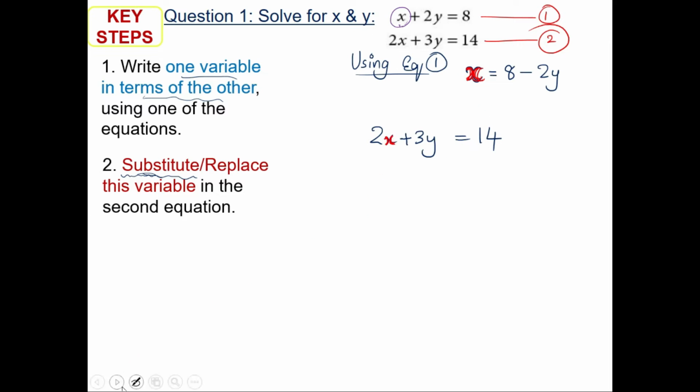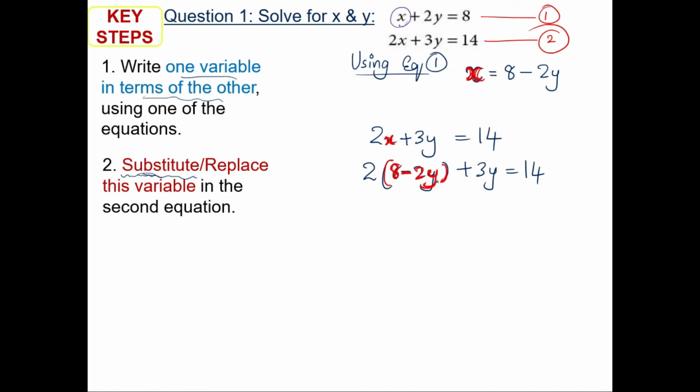So x is going to be replaced to 8 minus 2y plus 3y equals 14. You can see that in place of x, I have written 8 minus 2y. So I have substituted the value for x.